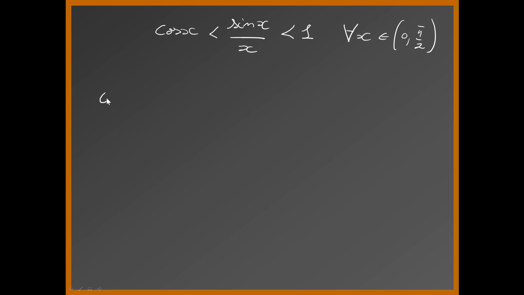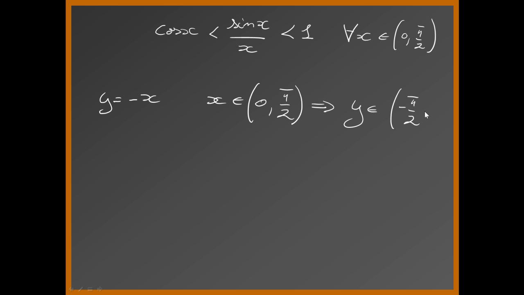Notice that if we define y as minus x, then the condition x belonging to the interval between 0 and pi over 2 implies that y belongs to the interval between minus pi over 2 and 0.